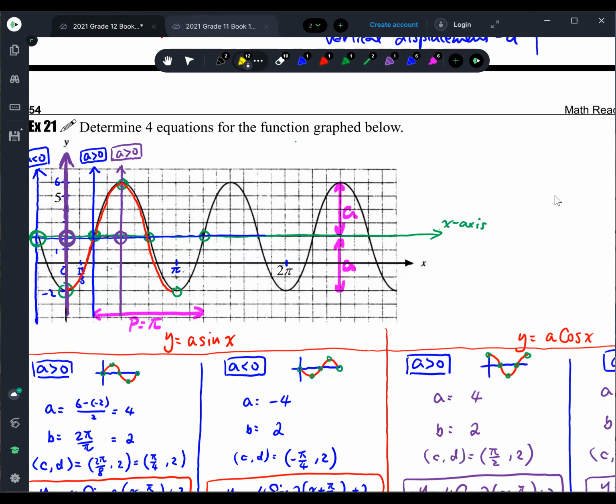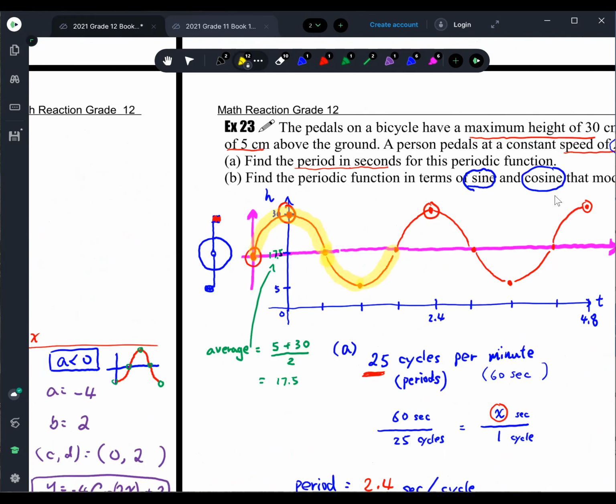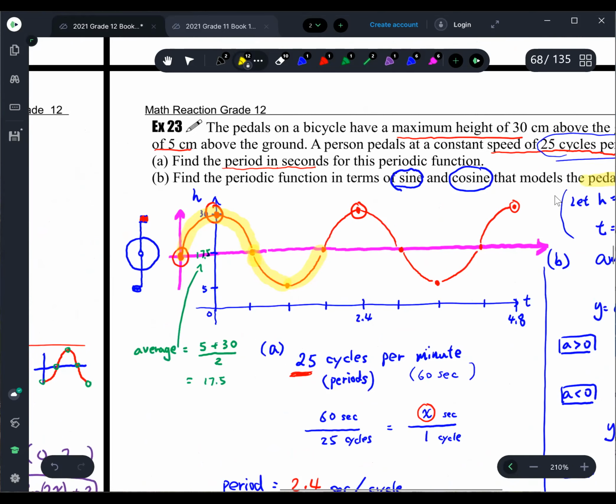It's the A. Highest to the middle or the lowest to the middle. If you look at the picture here, what is the amplitude? 30 minus 17.5. Yeah, very good. 12.5.